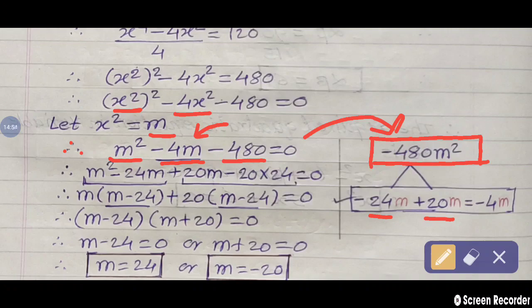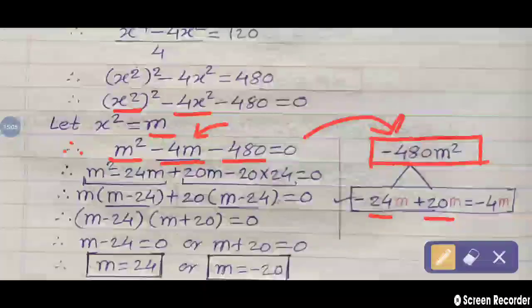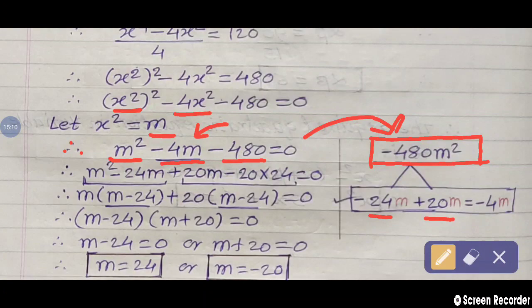Minus 4. So 20 minus 24, yeah, 24 minus 20. Now check that. 24 minus 20 means we are getting plus 4. But we require minus 4. So 101% the minus sign is given to the bigger number as per our basic rule. So minus 24 plus 20, we are getting minus 4 as the sum.